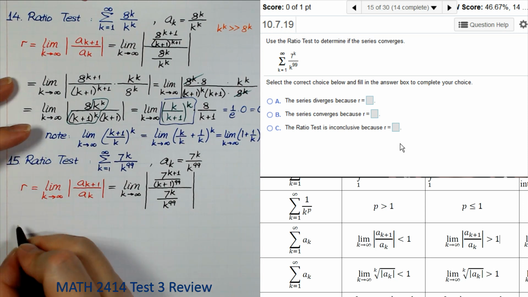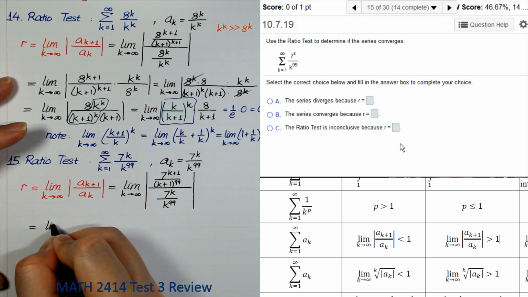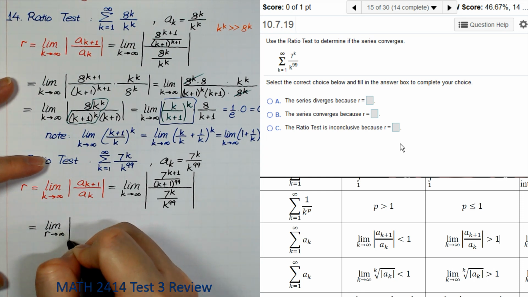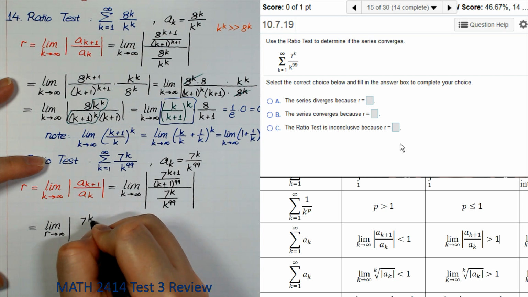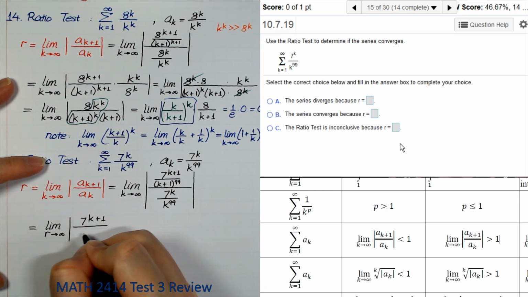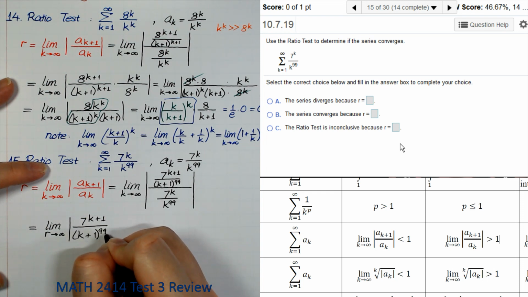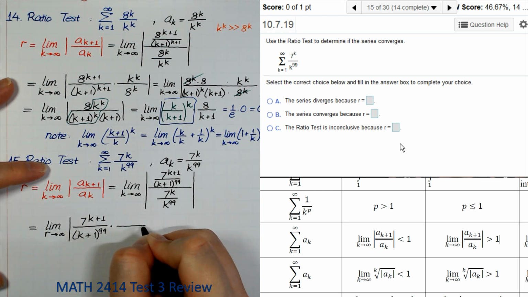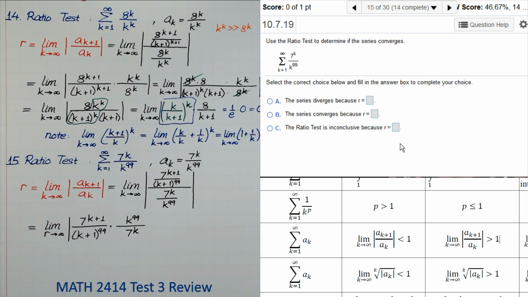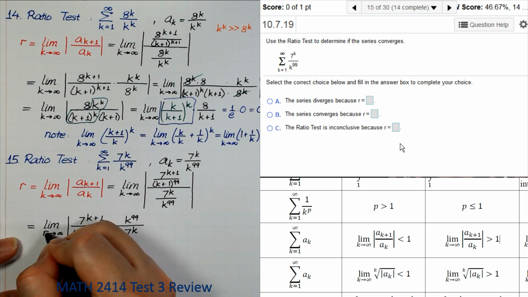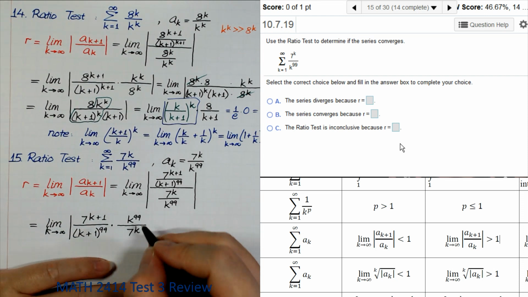Alright, multiply by the reciprocal. I don't know why I put r here, but that obviously should be k. Sorry.